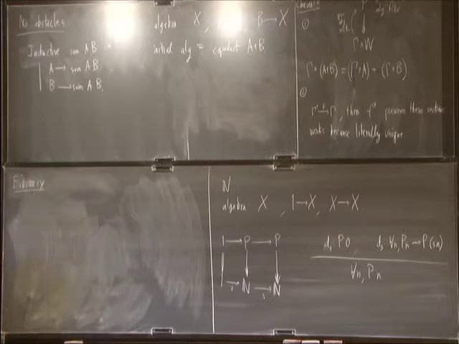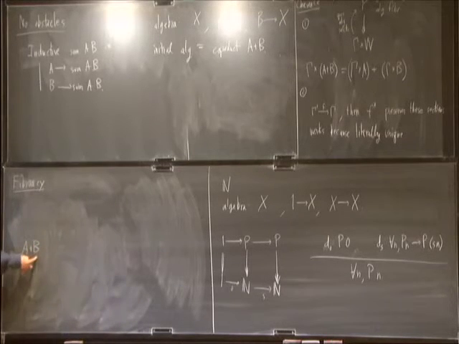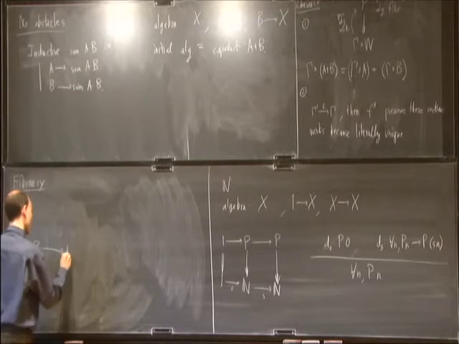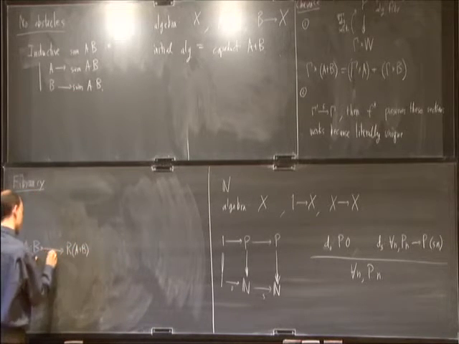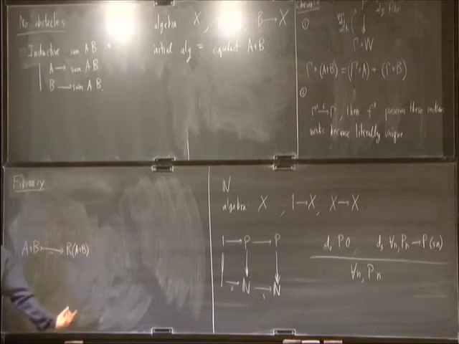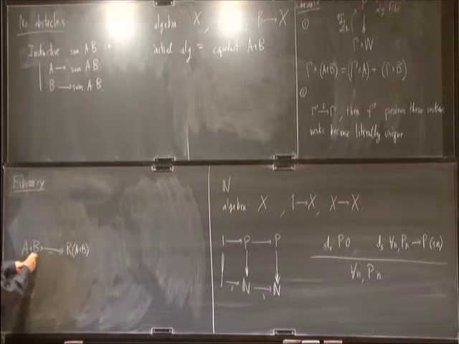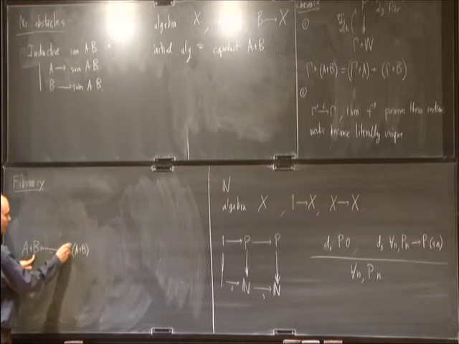Okay. So here's our coproduct A plus B, which is not necessarily fibrant, but we have a fibrant replacement of it. One of the things about a model category is that I can factor any map into a trivial cofibration followed by a fibration. So if I do that to the map from A plus B to the terminal object, then I get a trivial cofibration into a fibrant object.